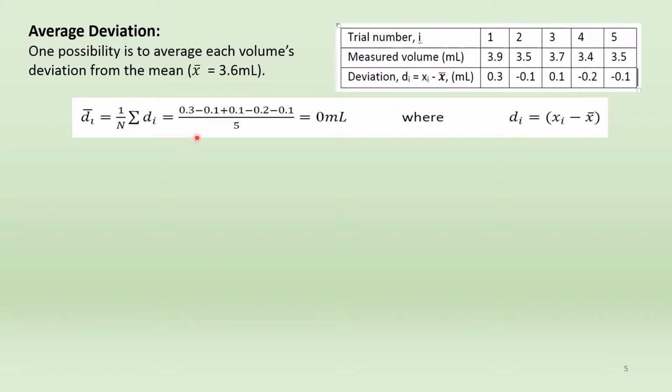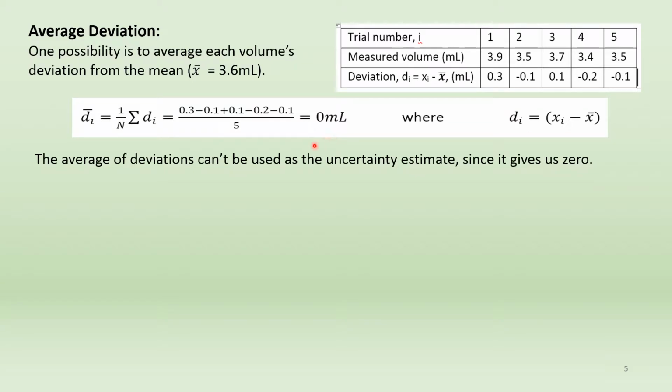In the next case, we have 3.5 minus 3.6, giving us a deviation of negative 0.1, and so on for all 5. Add these up, divide by the number of deviations, and we get a value for the average deviation to be, well, 0. Well, it turns out that the average deviations can't be used as the uncertainty estimate because it gives us a 0.